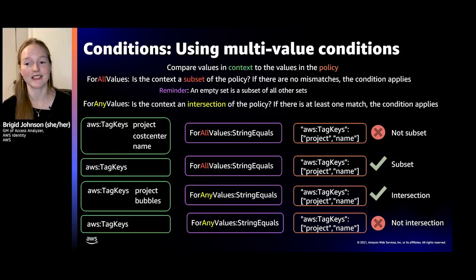And so essentially, if you put in ForAllValues and aws:TagKeys is not populated, either it's not sent in, or AWS doesn't support that condition key for that action, then the condition matches and it will kick in. And if you're using an allow, that will grant access. And that might not be what you intend. So for the first two examples here, you can see that aws:TagKeys has project, cost center, and name.